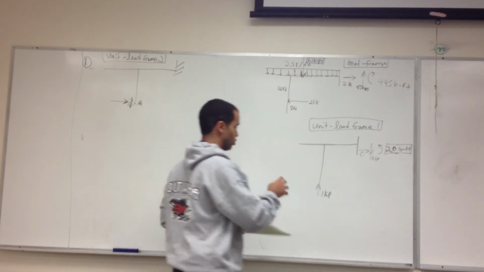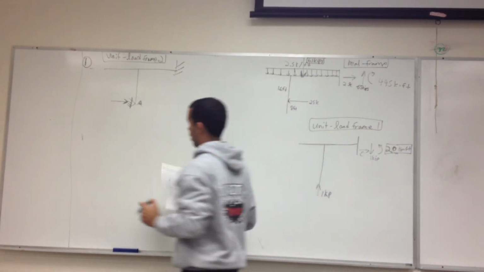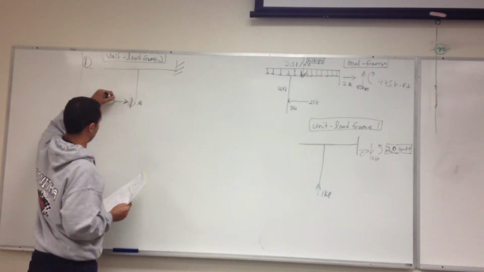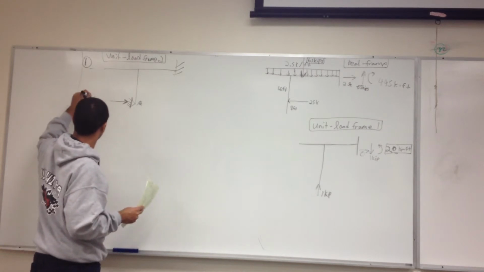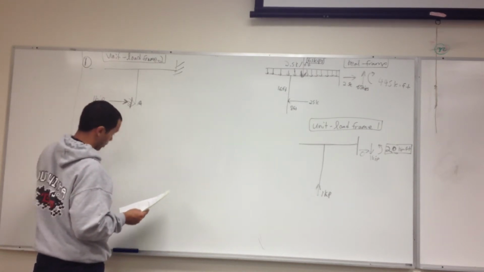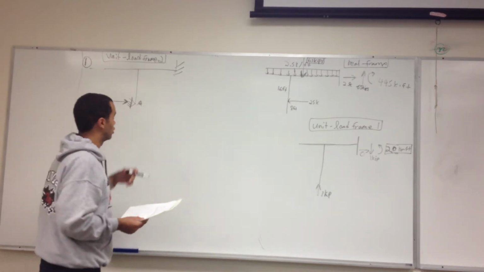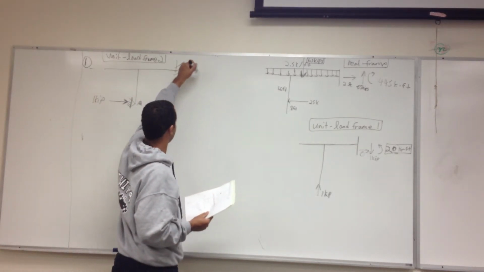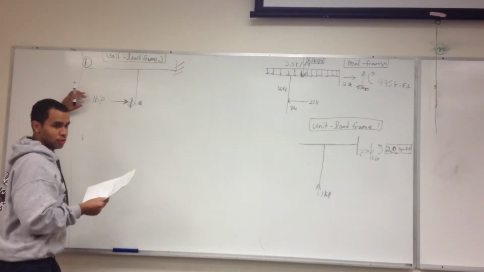So in the first one we had that it was going vertical. Now in the second one we have a horizontal load of 1 kip, an imaginary 1 kip load. Okay. Now, of course, we need something to counteract it at the fixed support. So we have an imaginary 1 kip load acting positive.